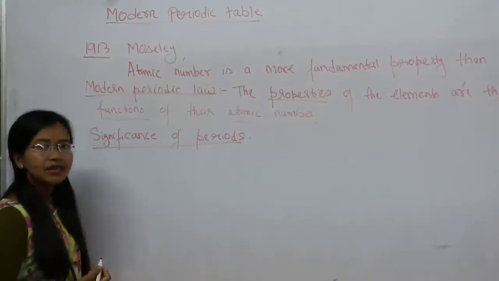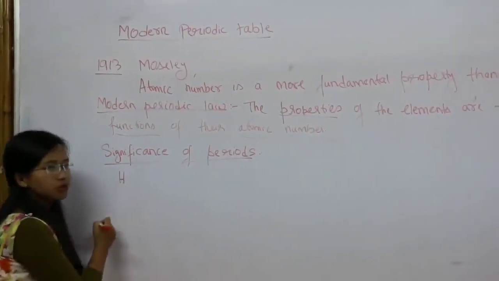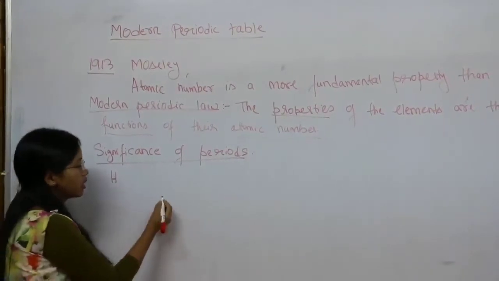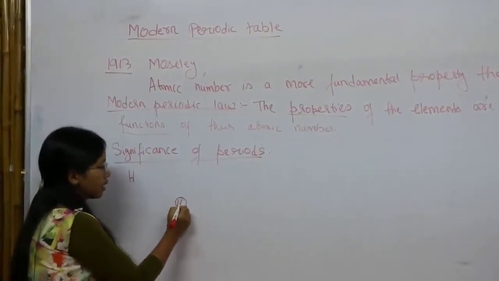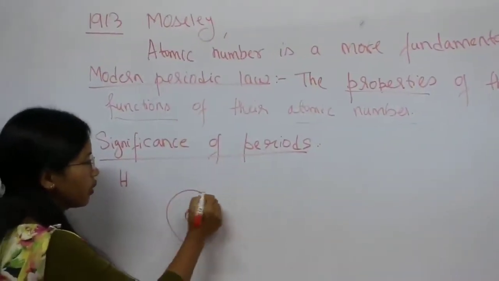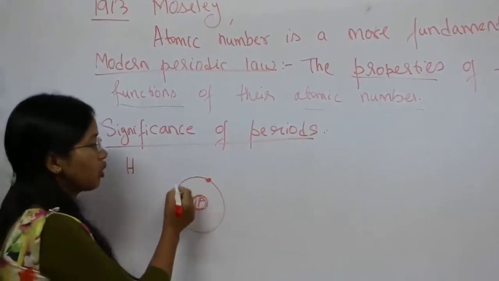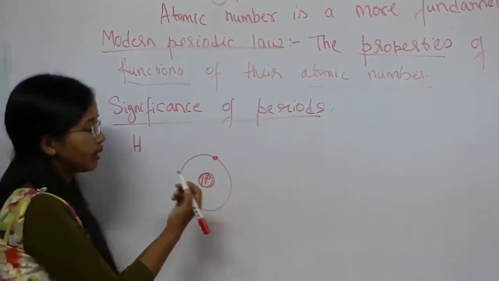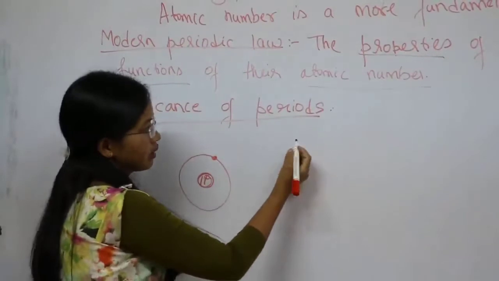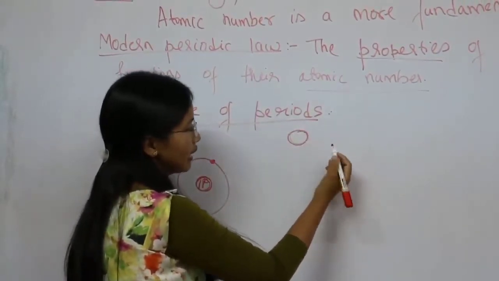Alright, first let us take hydrogen, which is in period 1. Hydrogen has only 1 electron, so it has 1 proton in the nucleus, and this will be the electron of hydrogen, right? And then now let's take oxygen, which is in period 2. The atomic number of oxygen is 8.